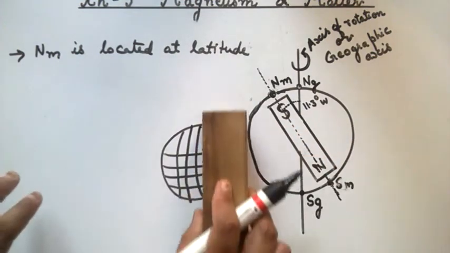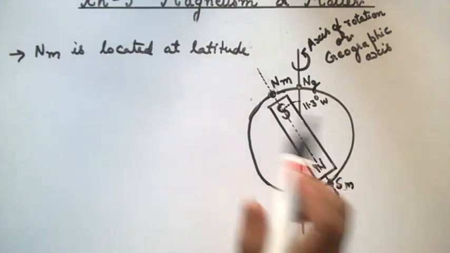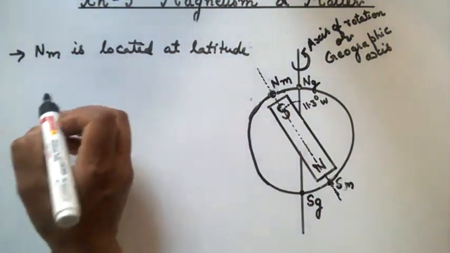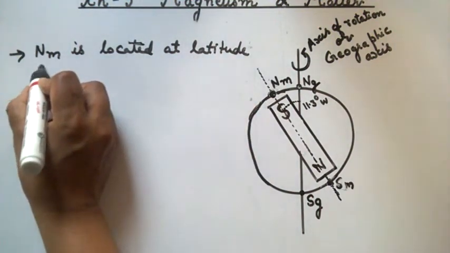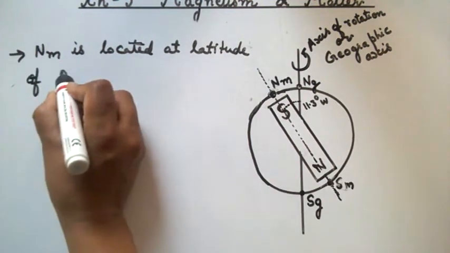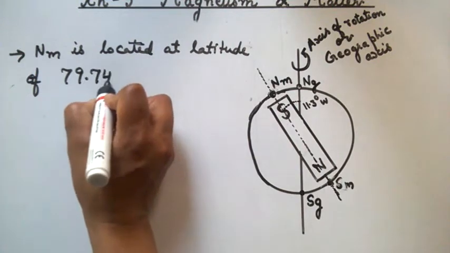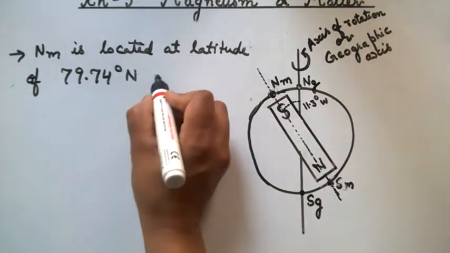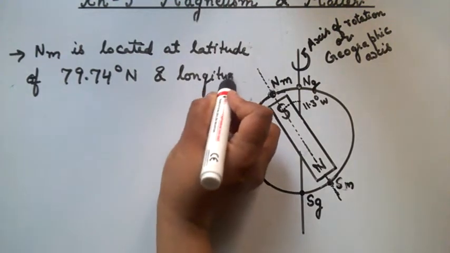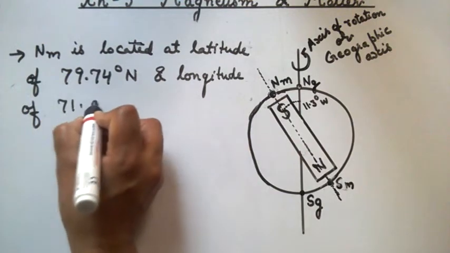So here the location of north magnetic pole in terms of latitude and longitudes are latitude is 79.74 degree north and longitude of 71.8 degree west.